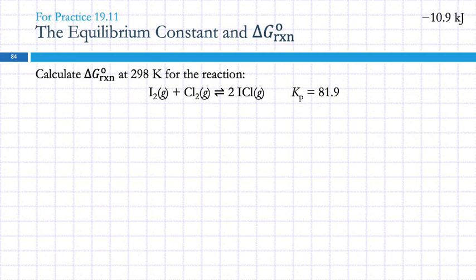Calculate delta G, the standard free energy change at 298 K for this reaction. So we need to use that equation that we just came up with.